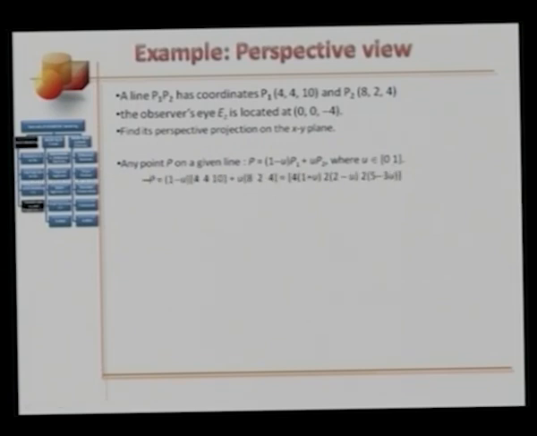If I substitute different components of P1 from here, 4, 4, and 10, and different components of P2 from here, 8, 2, 4, and then write P in component form after performing the multiplications and after also performing the additions, I get the x component of P as 4 times 1 plus u, the y component of P as 2 times 2 minus u, and the z component as 2 times 5 minus 3u.